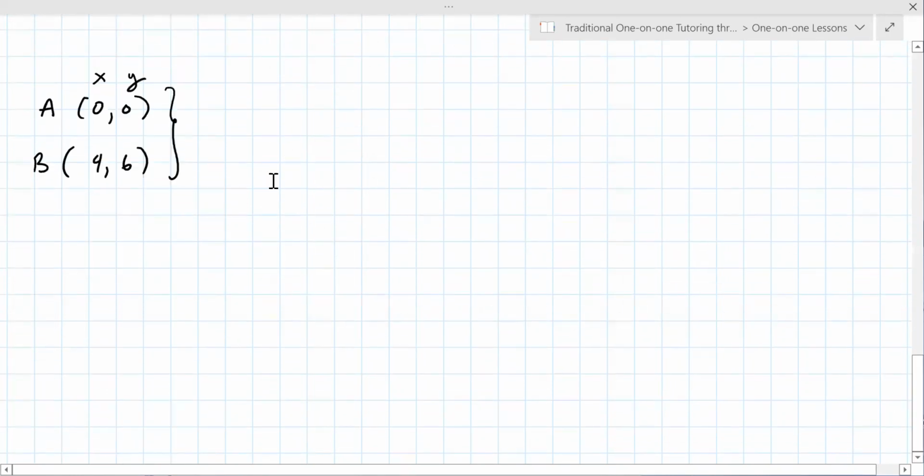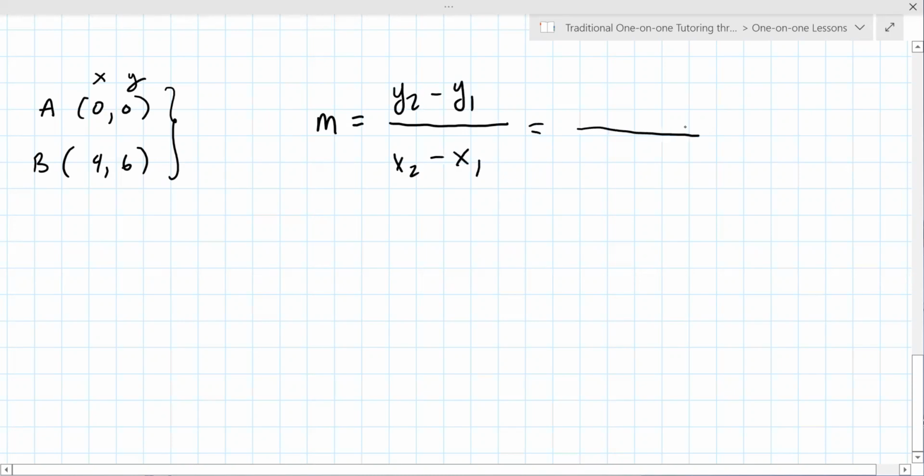Do you have the slope formula written down? I remember what it is. It's Y2 minus Y1 over X2 minus X1. What is the value of Y2? That is 6.